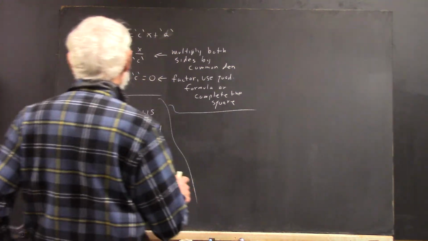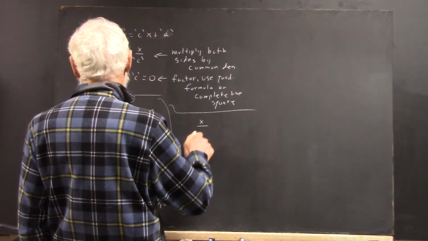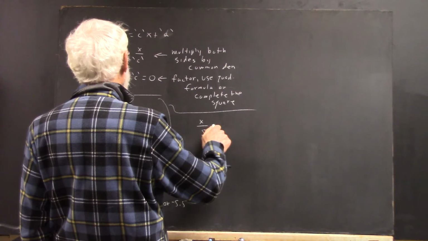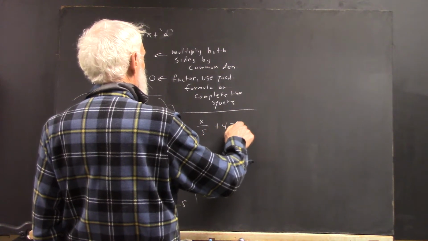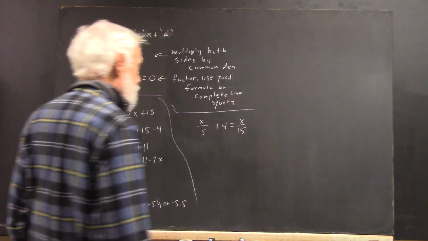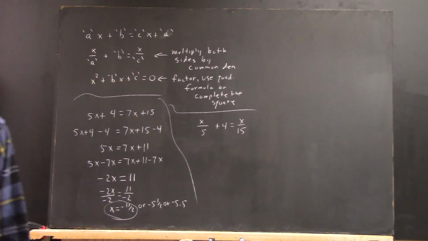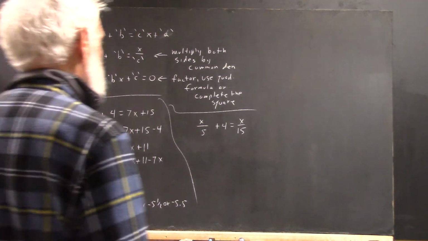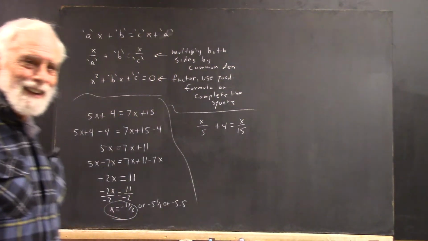Now let's take x over 5 plus 4 equals x over, in my case I had 15 of all things. So pretend I got 15 letters in my last name, okay? Smith-Arrhenius or something like that.